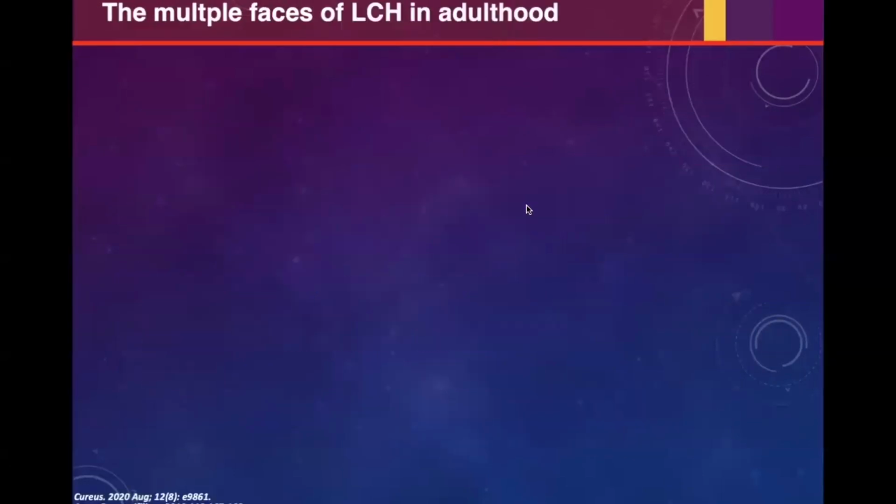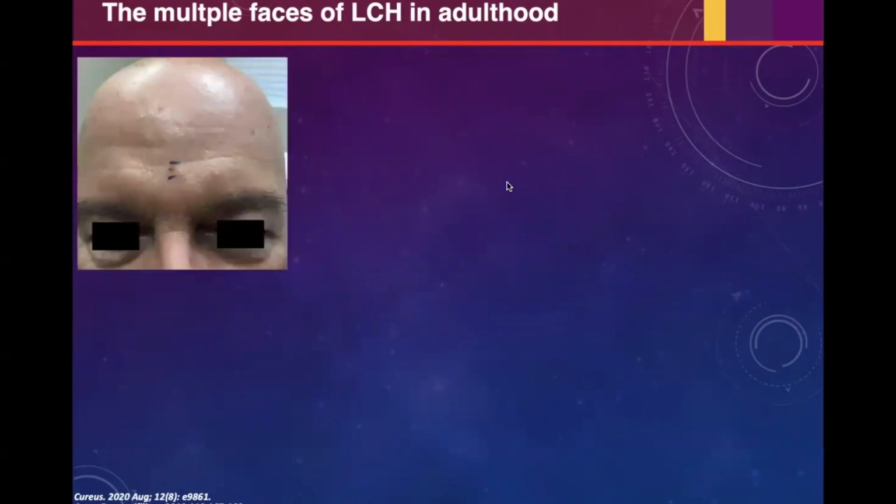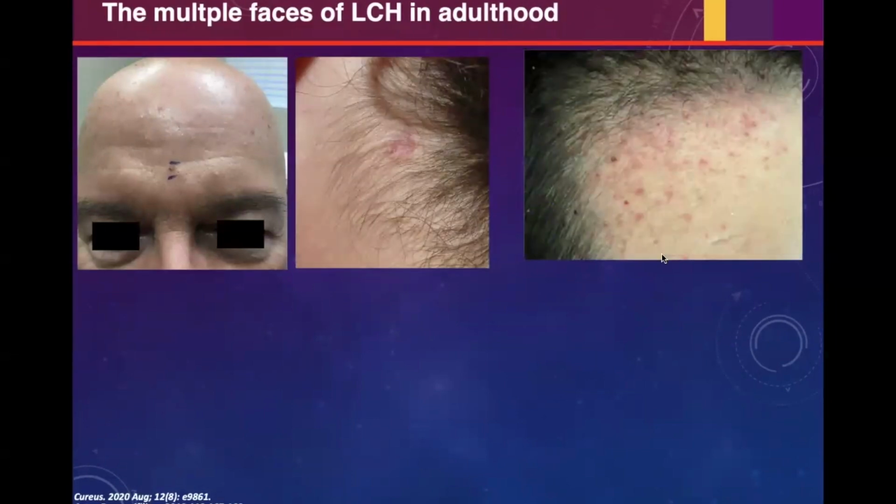Talking about the focus in adulthood, the multiple faces of Langerhans cell histiocytosis: as a single nodule or papule in the center of the face, persistent seborrheic dermatitis, papules that remain, seborrheic dermatitis, extrafacial rosacea.